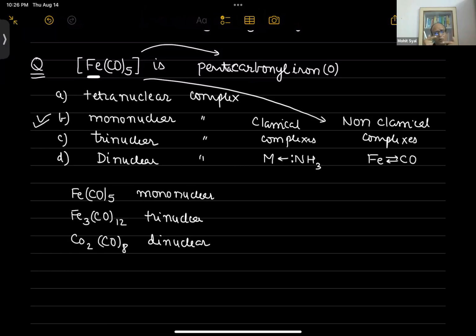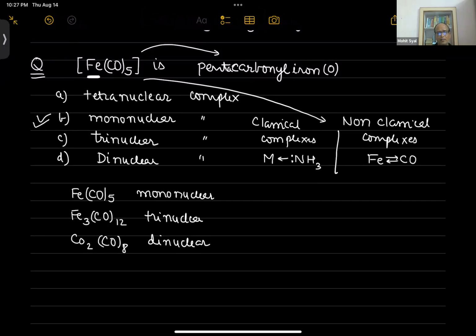So it is a two-way bonding happening. Got it? Donation, acceptance. Got it? Such ligands will be categorized under non-classical complexes. Is it clear?